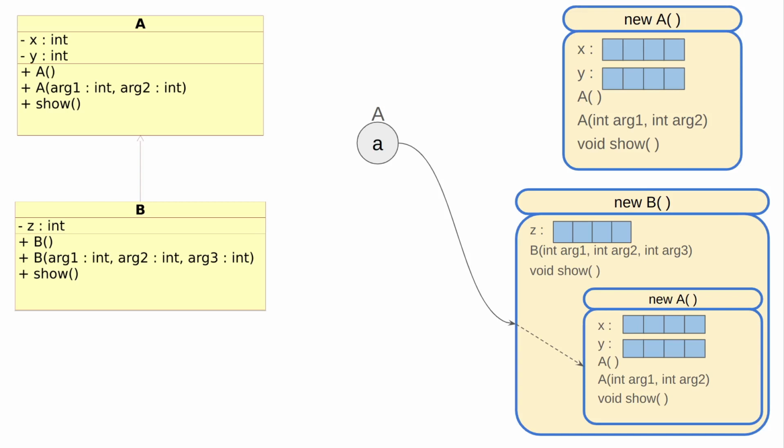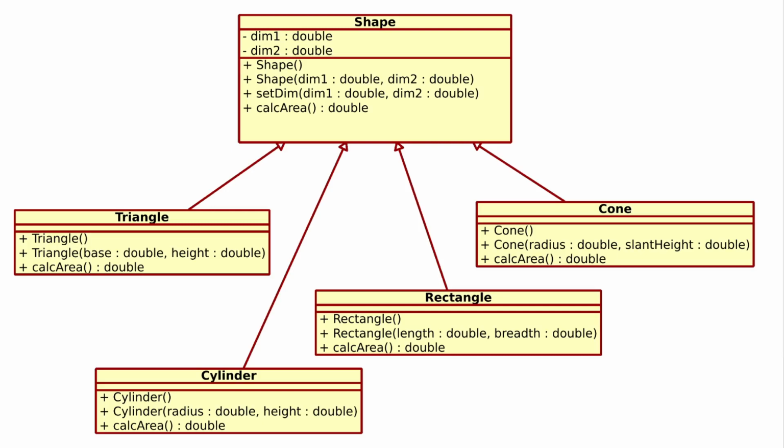Now let us try to understand this same dynamic method dispatch, which gives the result dynamic polymorphism, in another scenario. Here I have a use case with a couple of 2D shapes like triangle, rectangle, cone and cylinder.